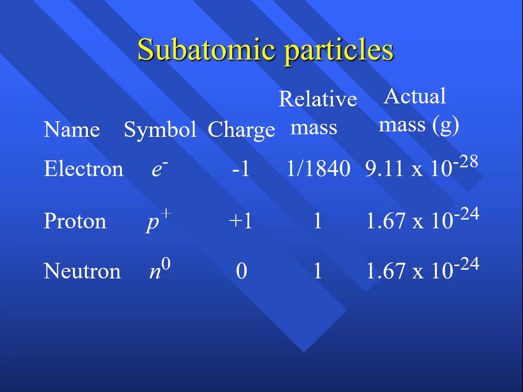Now, protons are 1.67 times 10 to the minus 24th. See, minus 28 to minus 24th. That's 4 zeros, guys. And if you go one more sig fig, the proton and neutron are different. So people tend to stop at 3 sig figs, but with one more sig fig, they're slightly different.